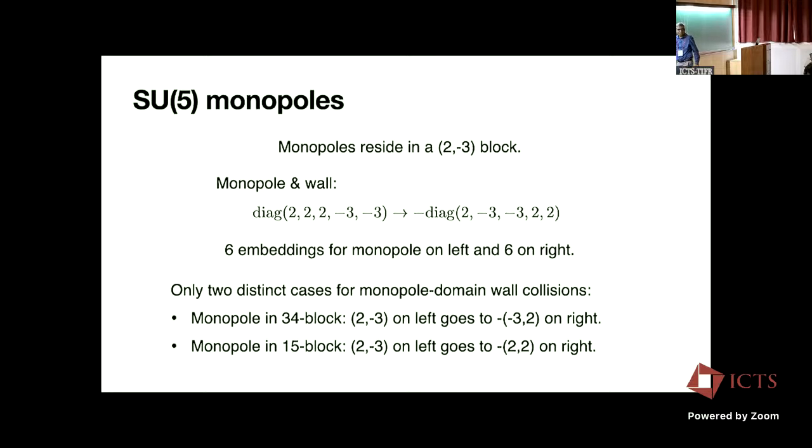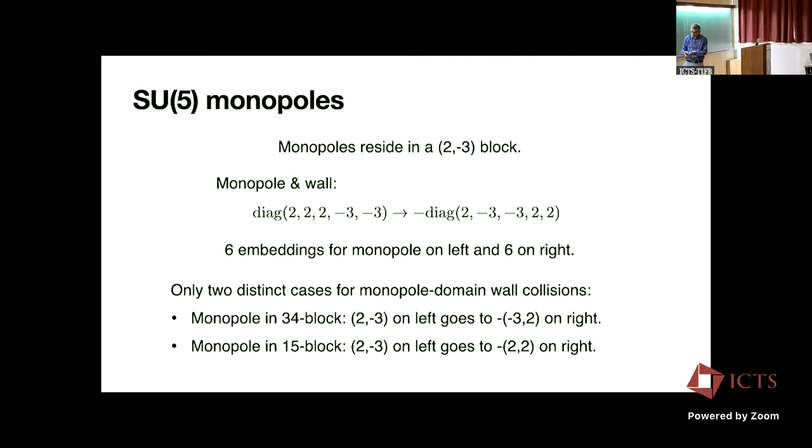Okay? So remember there's a domain wall, and there's a magnetic monopole, right? And this has to try and go over here. But this occupies a certain part of field space.